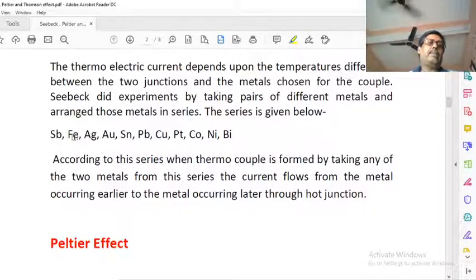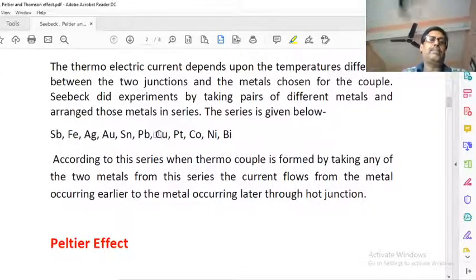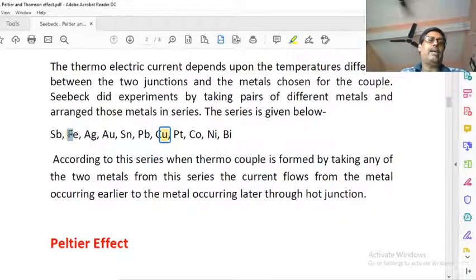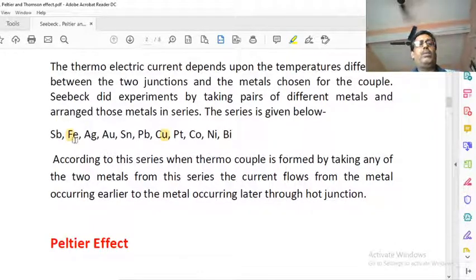Fe is here and Cu is here. So anybody can see that Fe in the series appears earlier and Cu appears later. So current will flow from Fe to Cu. Current flows from Fe to Cu through the cold junction.